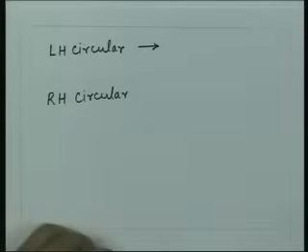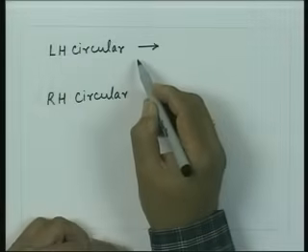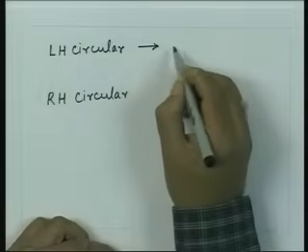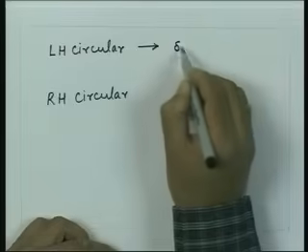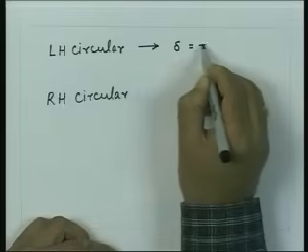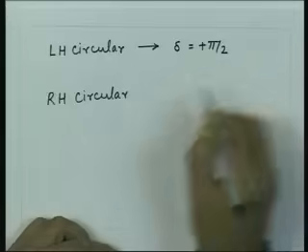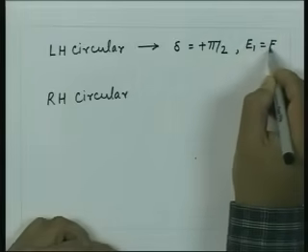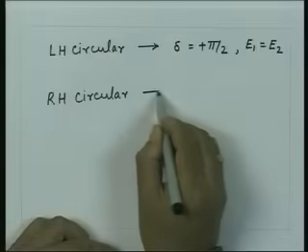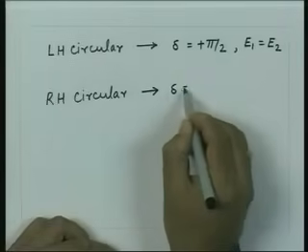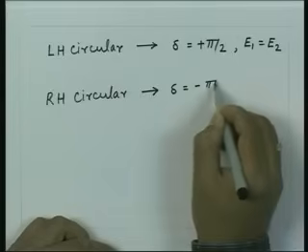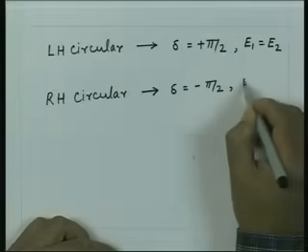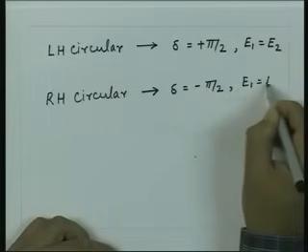So, we see from here the left-handed circular polarization corresponds to delta equal to plus pi by 2 and E1 equal to E2, and right circular polarization corresponds to delta equal to minus pi by 2 and E1 equal to E2.